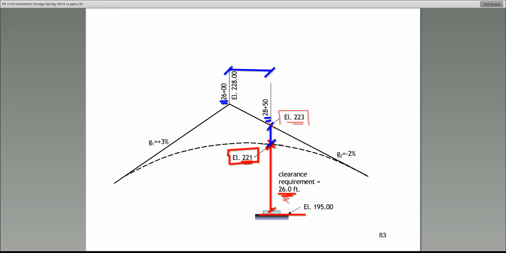The 223, it's either given to you or, look, you can get it from this information right up here. You know the gradient of the forward tangent. You know the elevation at PVI. You can calculate that elevation of 223. Let me know if that answered your question. You got it?